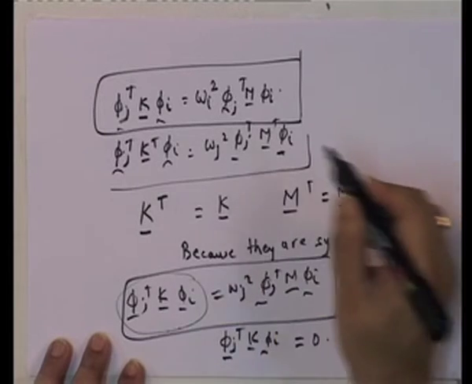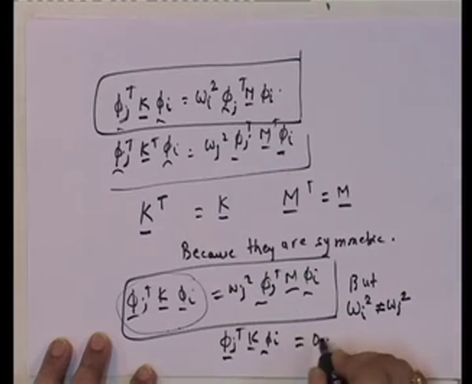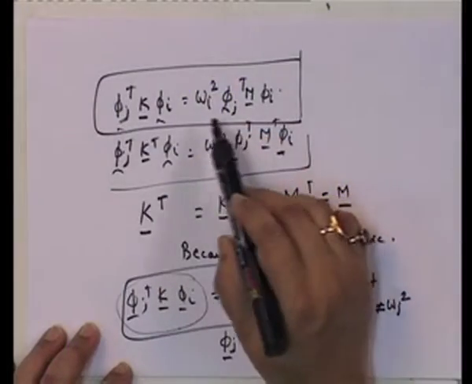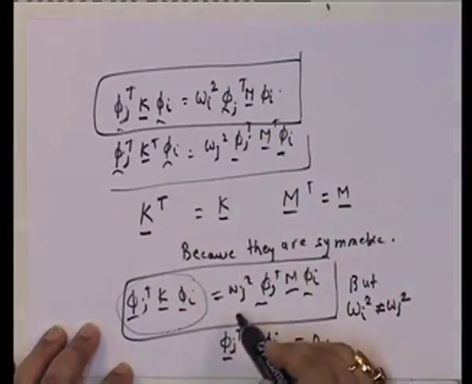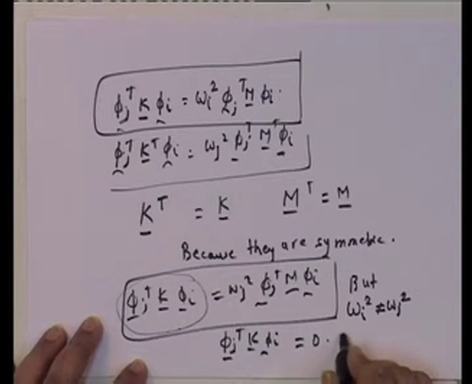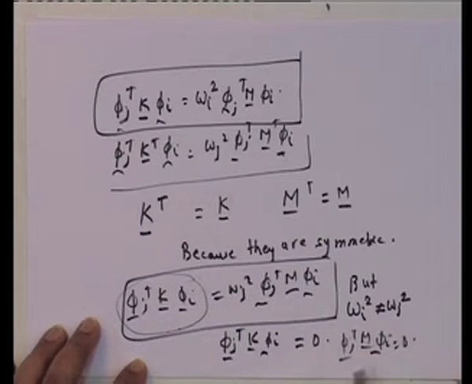So, that is the first proof. Now, in a similar way, once we put it in that way, we can always say that if this is equal to 0 and omega i squared and omega j squared are not equal to 0, then automatically it is also mass orthogonal.